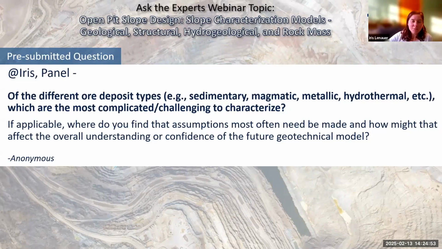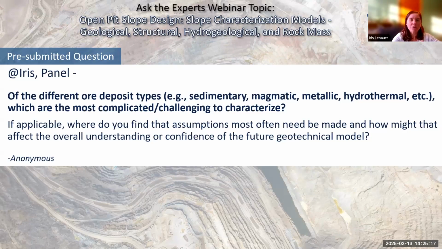Yeah, it's quite a broad question, but I think the big point is the greater the complexity, the more difficult it is going to be to characterize. So for example, if you have a polydeformed metasedimentary faulted deposit, you have lots of factors that could influence the stability.